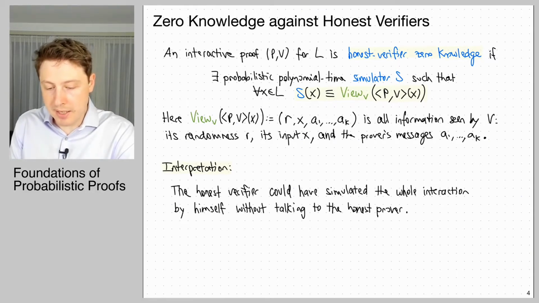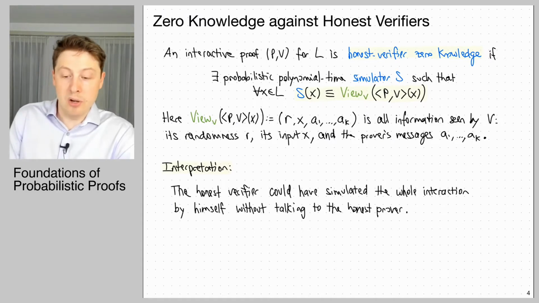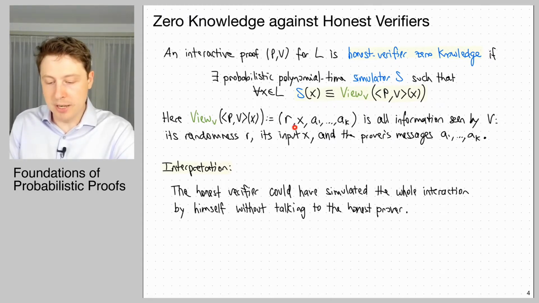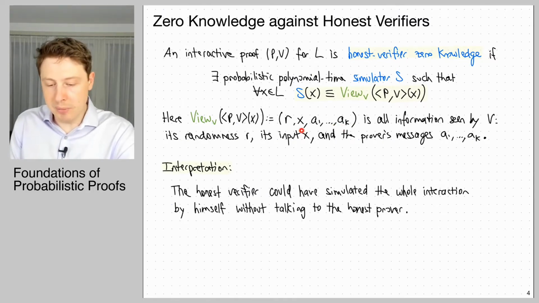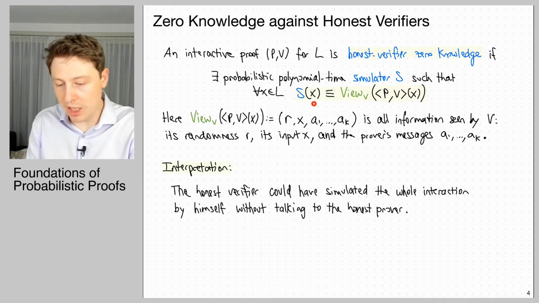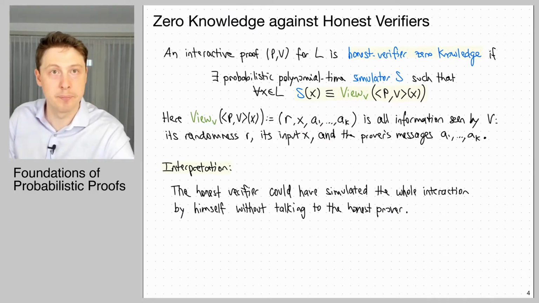Because given that X is in L, the simulator can just look at X and, in quadratic time, figure out how to sample this whole view, right? So from a statistical perspective, this view doesn't contain any information that cannot be produced efficiently just from the input alone. Okay?